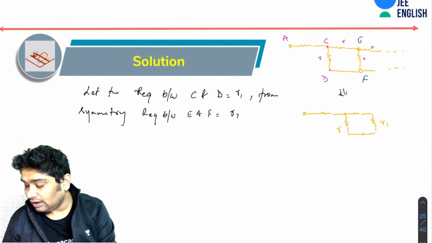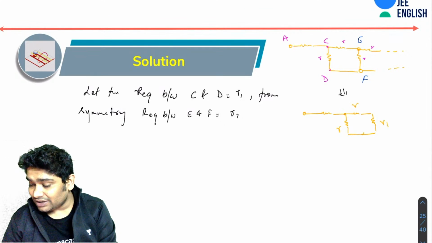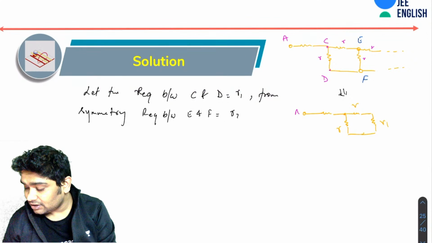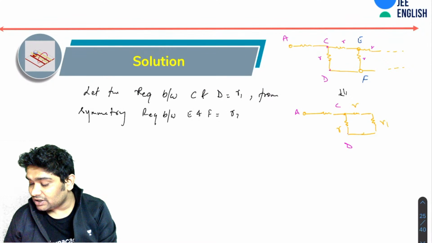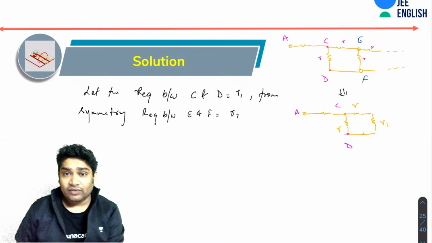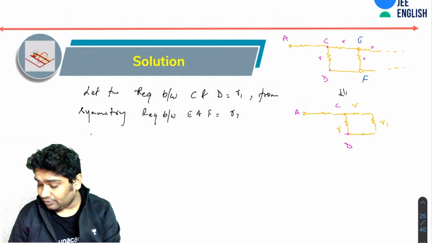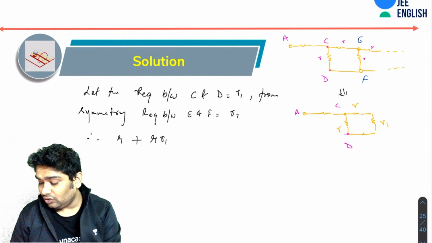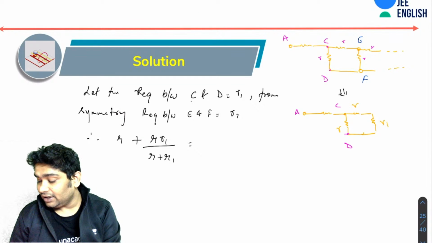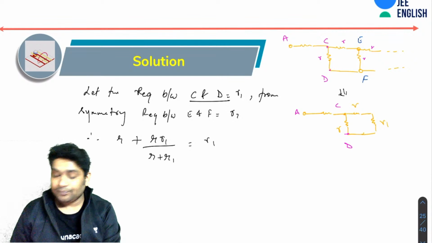R1, R, and R. So what I can now say is, the equivalent resistance between C and D, what will that be? I can say therefore R plus R1 over R plus R1, which is the equivalent resistance between C and D, should be equal to R1 itself.